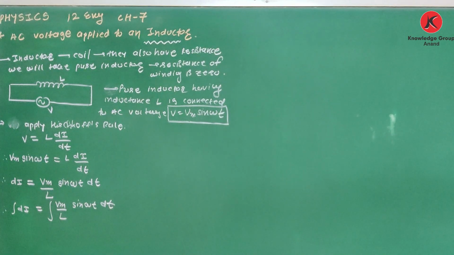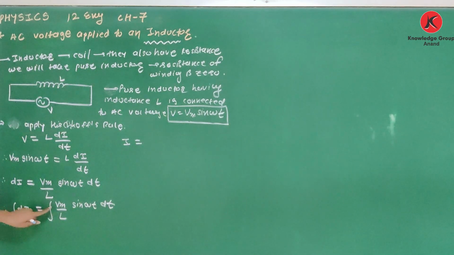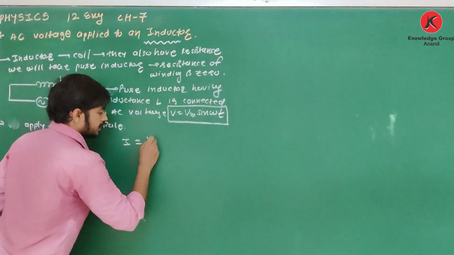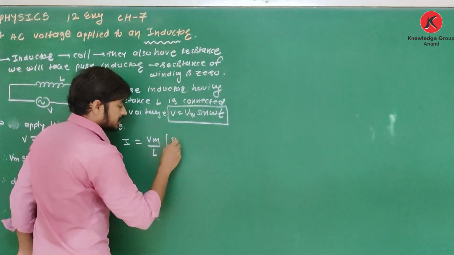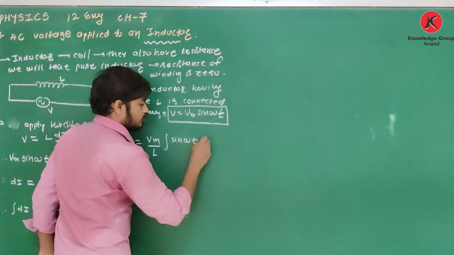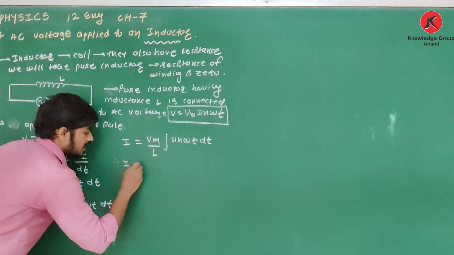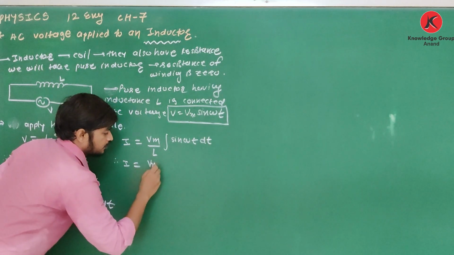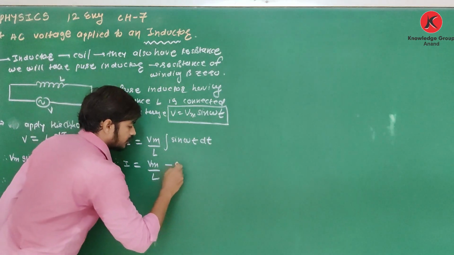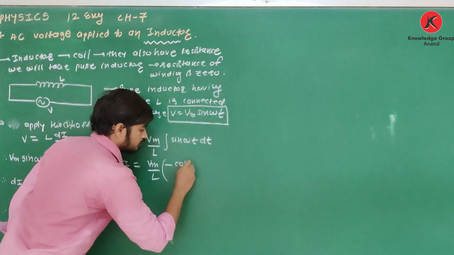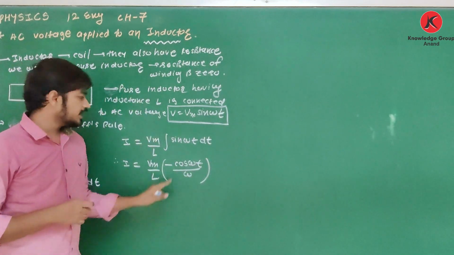Clear about this? Now integration of dI is I, equal to Vm upon L, a constant outside the integration. It is only the integration of sin omega t. What is the integration of sine?